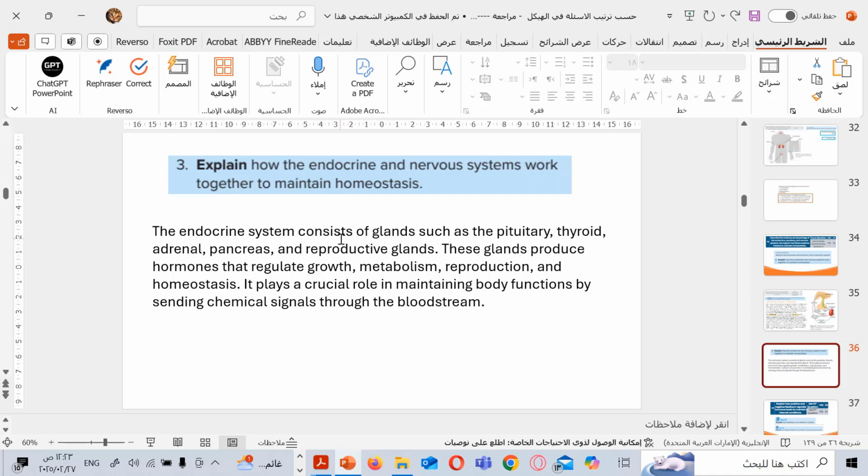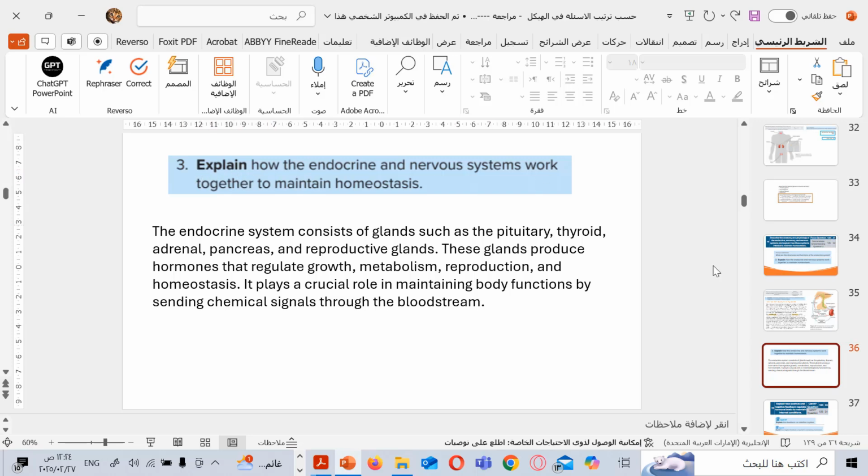The endocrine system consists of glands such as pituitary, thyroid, pancreas, parathyroid, and reproductive glands. These glands produce hormones that regulate growth, metabolism, reproduction, and homeostasis. It plays a crucial role in maintaining body function by sending chemical signals through the bloodstream. Okay, this is the second question.